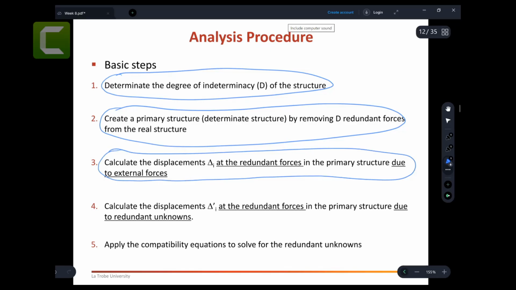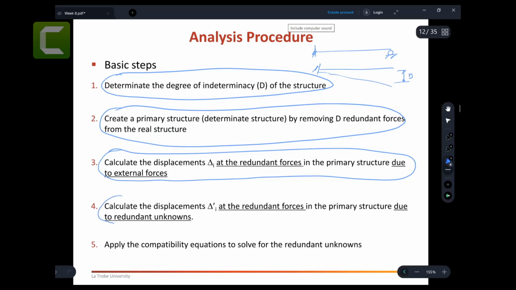Where are you going to find the displacements? If you remember in the last example, you have this roller here and then fixed supports, and you make the primary structure by removing this roller, then you need to find the displacement at this particular point, because when you remove that support, it will deflect. So you need to find that displacement.